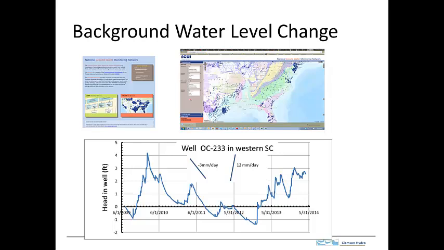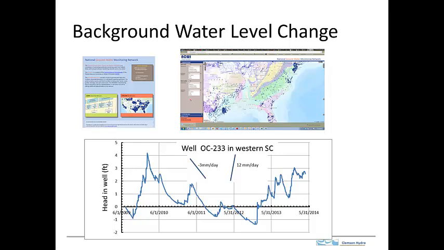But if we're going to make measurements for a longer period, then we need to recognize that the heads in the well may be changing as a result of other things in addition to the pumping that we're doing. And so we need to take those into consideration, because if the heads are dropping, for example, as a result of some other process, and we assume that they're dropping as a result of pumping from the well, then we'll be off in our interpretation.